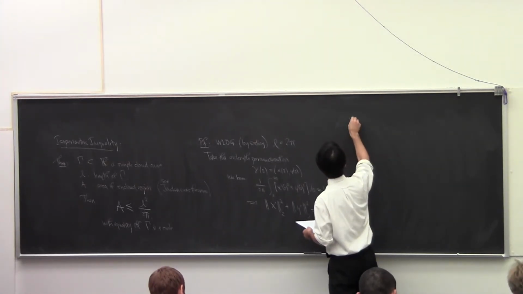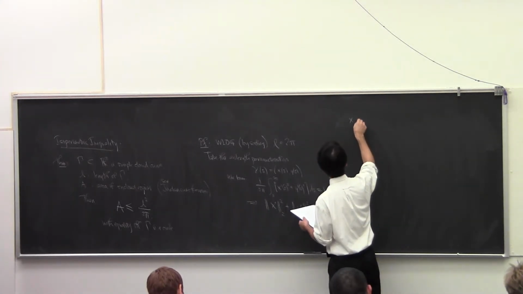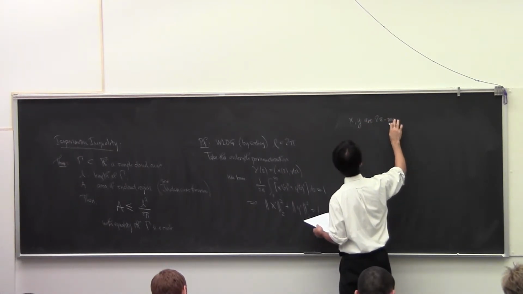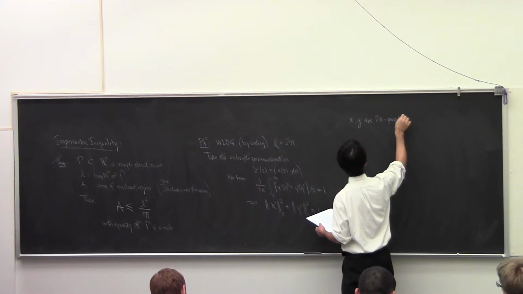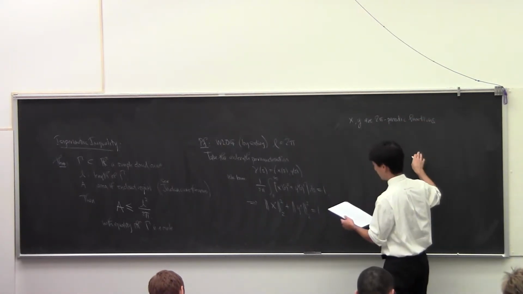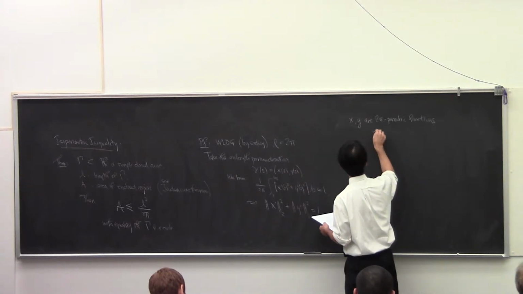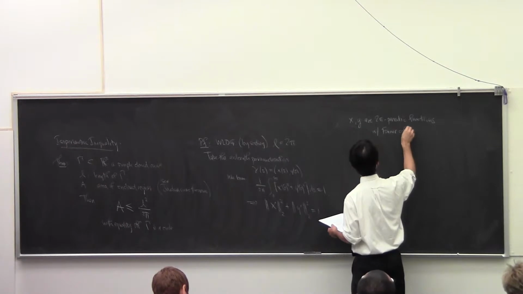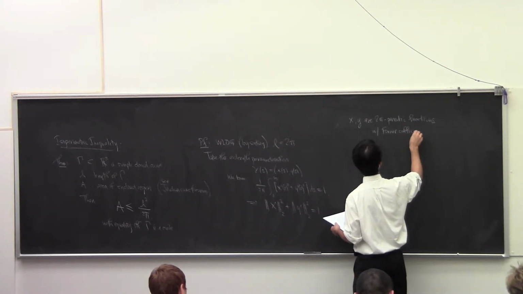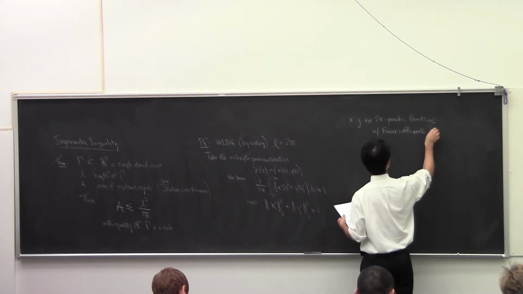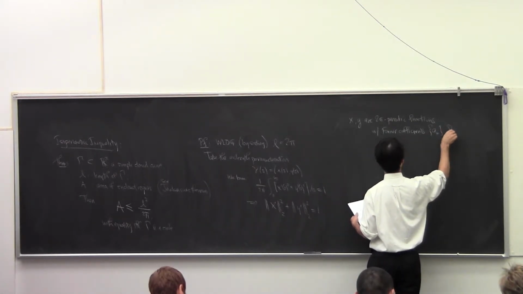So x and y are 2 pi periodic functions with Fourier coefficients. Let's denote the Fourier coefficients a sub n and b sub n.